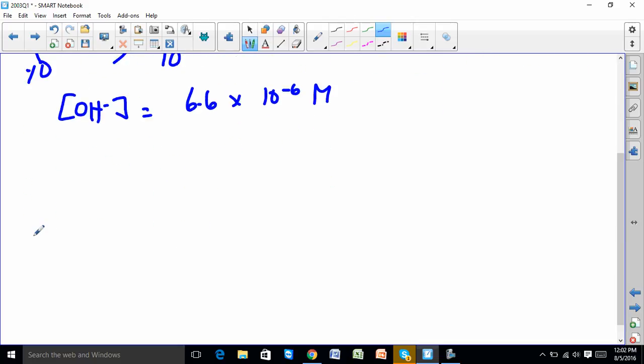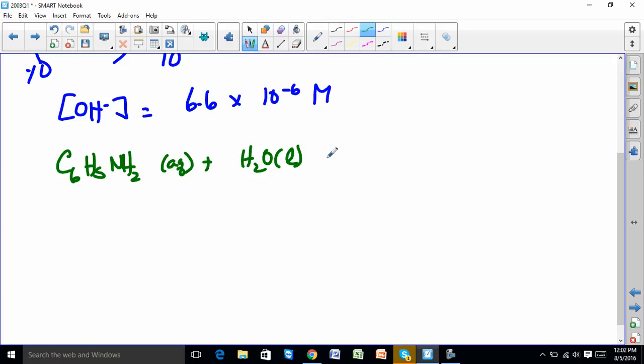Well, what we need to do, I'll switch colors. We have aniline, which is a weak base. And we throw it into water, and it's basic not because it has OH minus in it, but because it undergoes a chemical reaction.